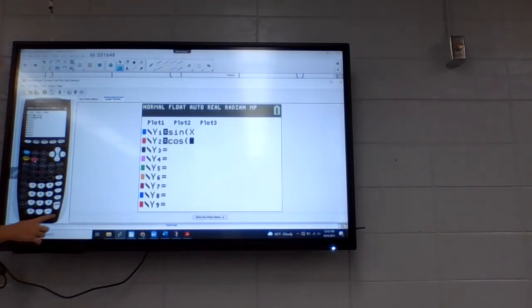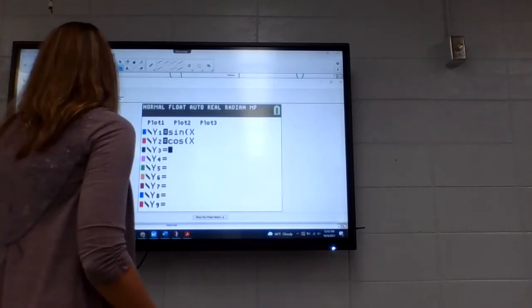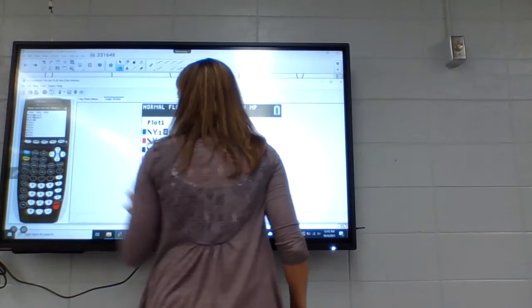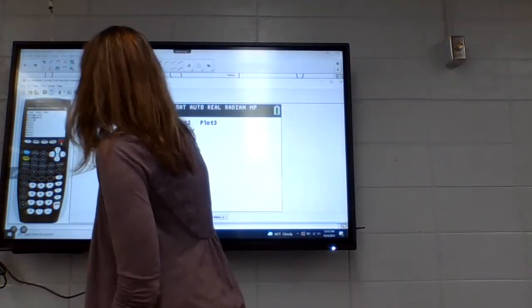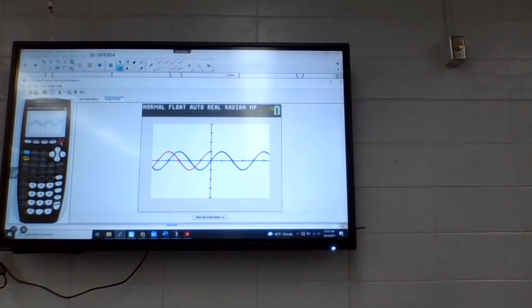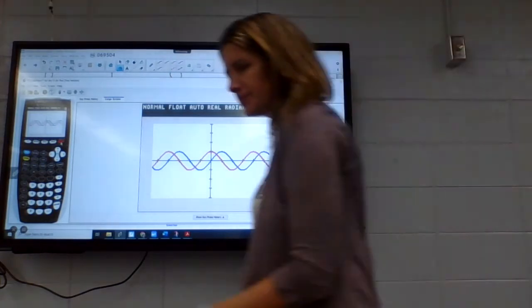We're not going to do tangent today, but I might just throw it on there to show you a little bit of that. That almost looks like you have 3D vision, or it's like some sort of DNA strand.